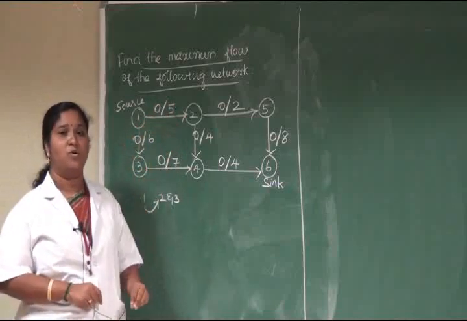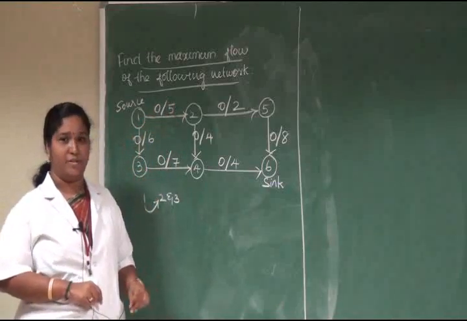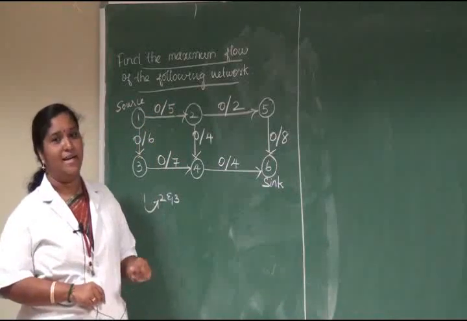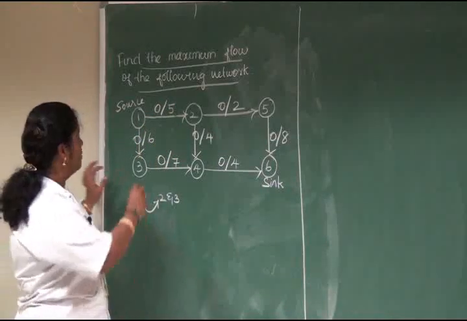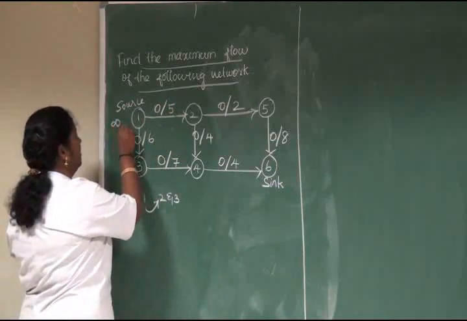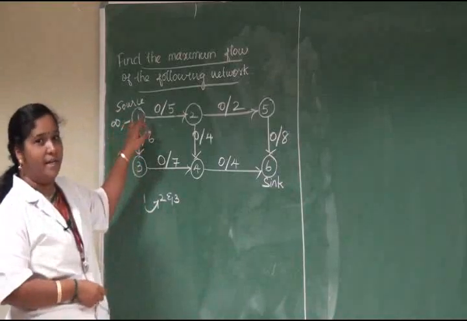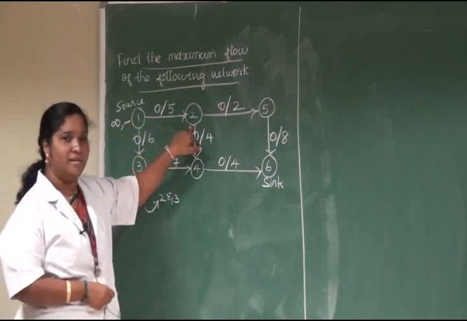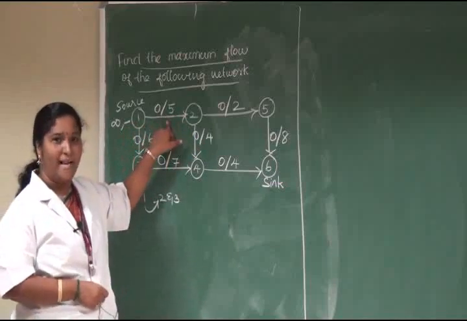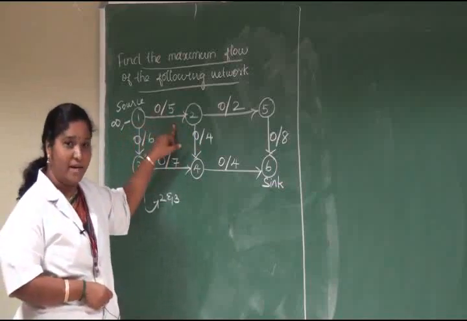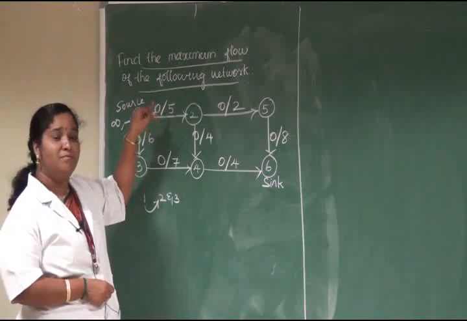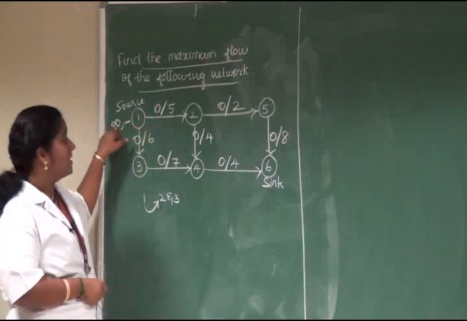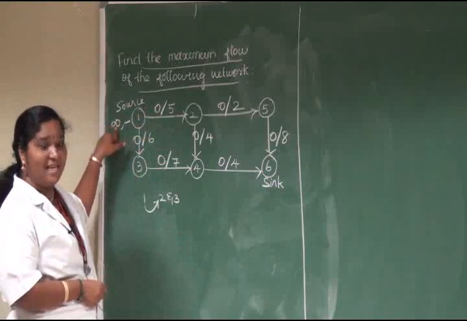Before that we have to give a label to the source vertex. The source vertex should be given the label infinity comma dash. Now we have to label vertex 2. We have already calculated the remaining capacity, which is 5, so we find the minimum between 5 and the first label of the previous vertex, which is infinity.